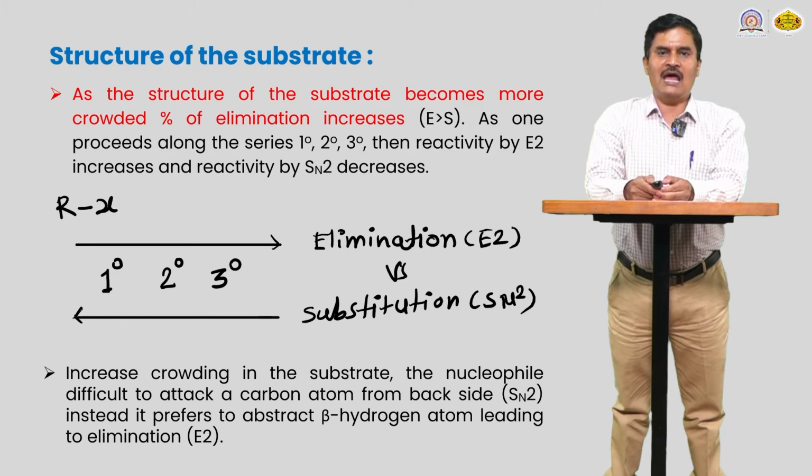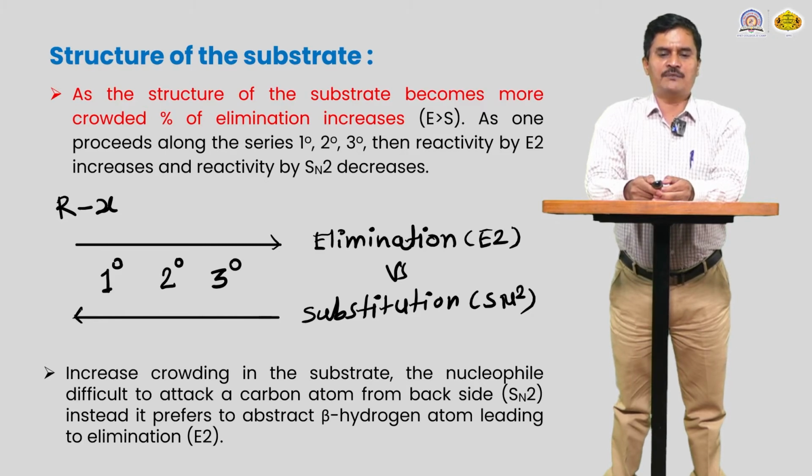It means as crowding at the alpha carbon increases, the elimination reaction rate increases, while the substitution reaction rate decreases. This is because of steric hindrance, and also repulsion between like charges takes place.